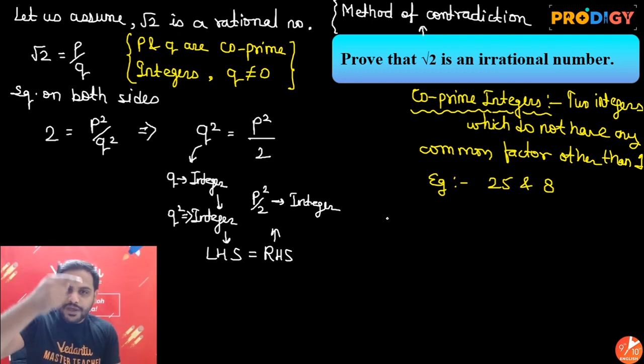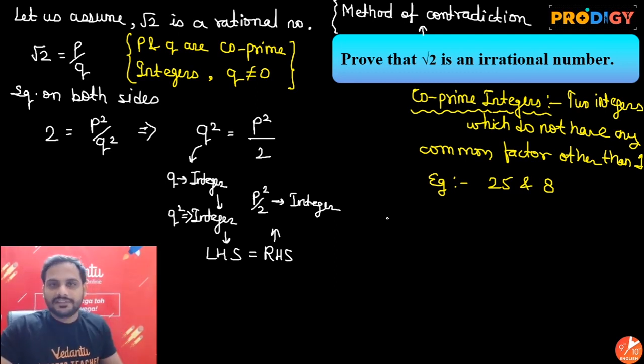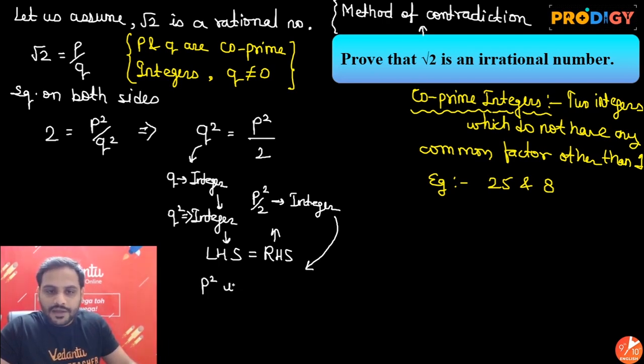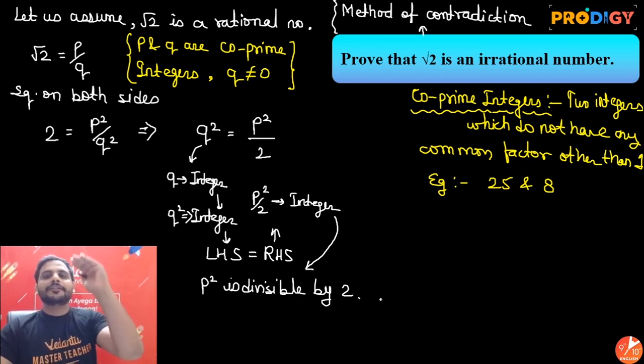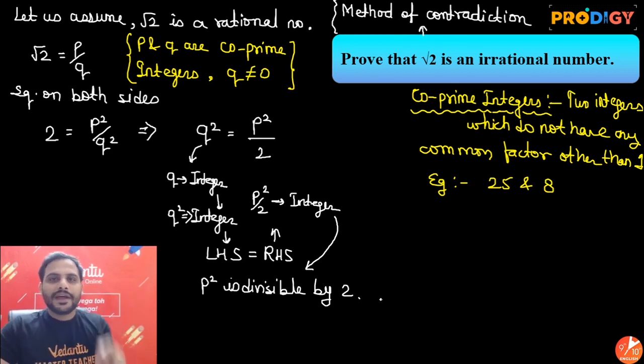And if p square by 2 is an integer, it only means that p square is divisible by 2. Obviously, look, if I divide 4 by 2, my answer is 2, an integer, so I can say 4 is divisible by 2.